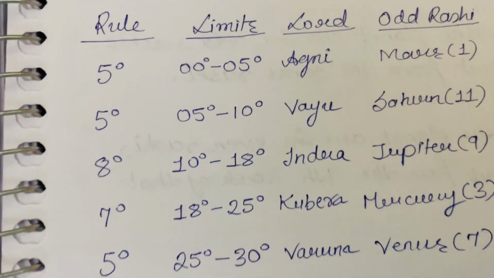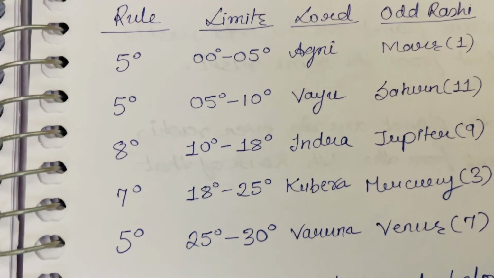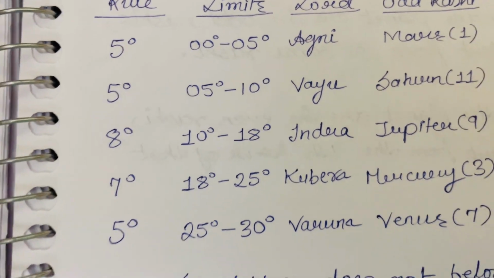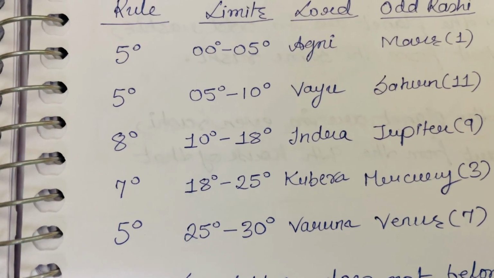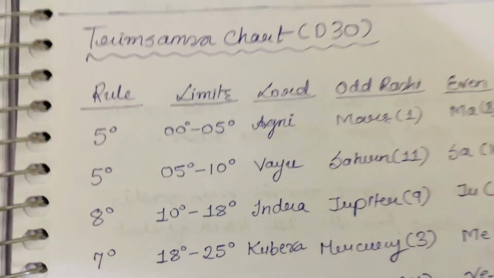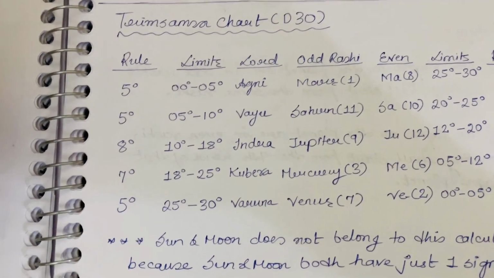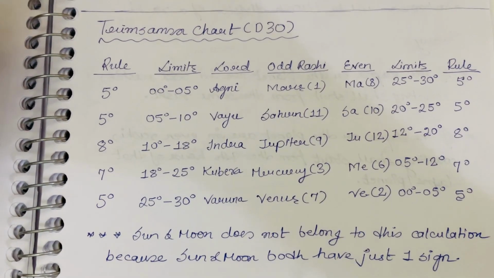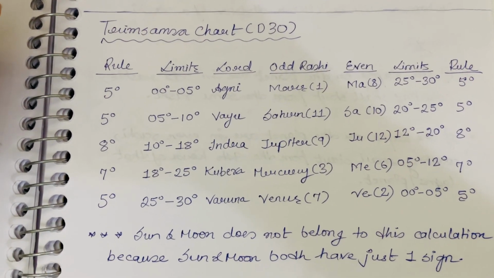Because here in the Trimsamsa chart, we are using a rule. The rule is 55875: 5 degree, 5 degree, 5 degree, 8 degree, 7 degree, 5 degree rule.